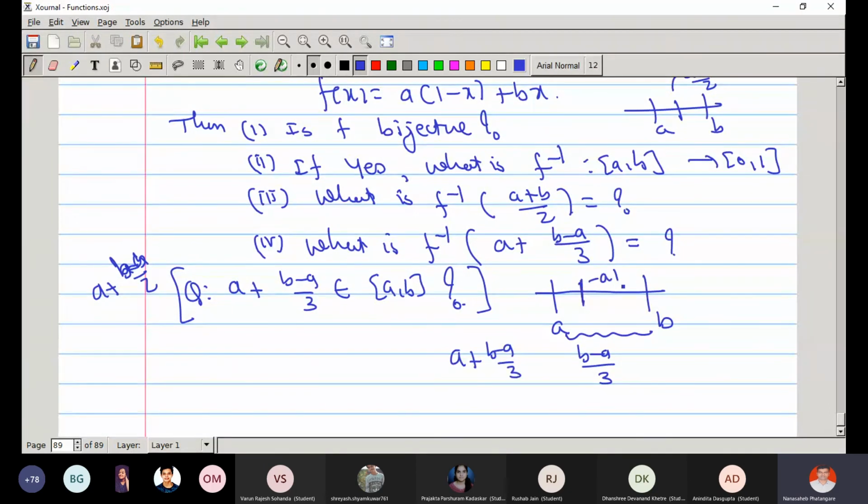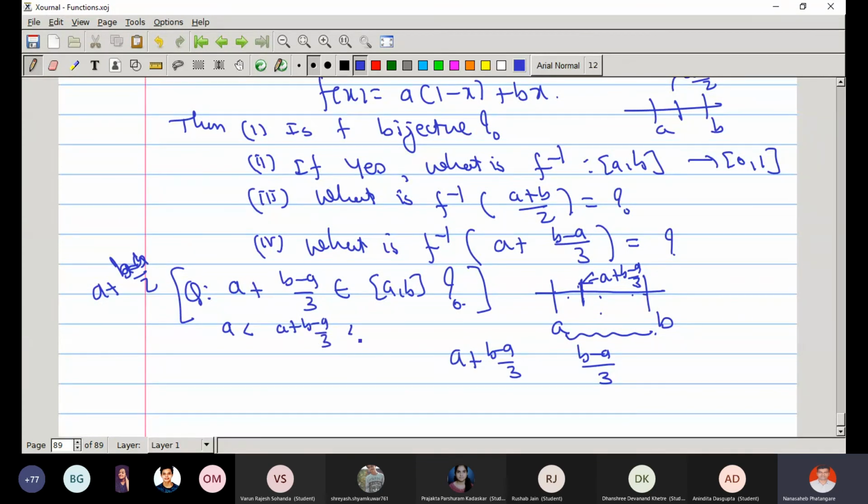So the total distance is b minus a, and I am adding one third of it. Certainly if to a I add one third of the distance between a and b, the point remains less than b, and it is greater than a. That is a simple observation, and you can check that a is less than a plus (b minus a) by 3, which is less than b. That means this number is inside (a, b). That is fine. But find the inverse image of this particular element under this function.